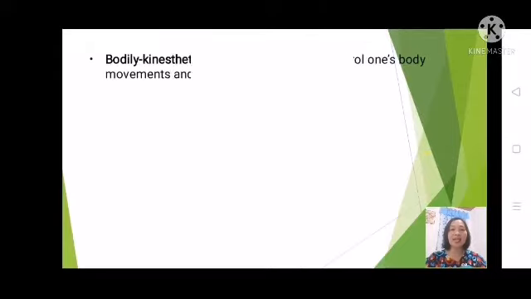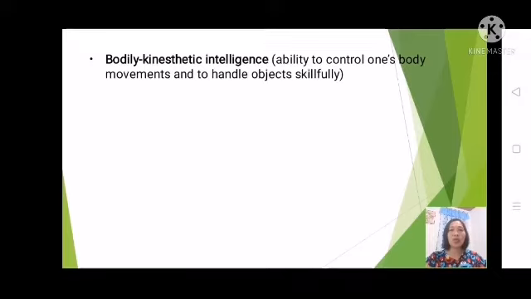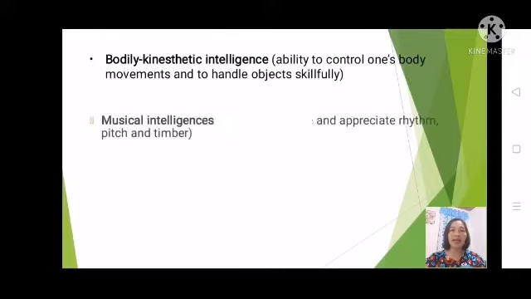The next intelligence by Howard Gardner is bodily kinesthetic intelligence. Bodily kinesthetic is the ability to control one's body movements and to handle objects skillfully. And the next intelligence is the musical intelligence. This is the ability to produce and appreciate rhythm, pitch, and timbre.